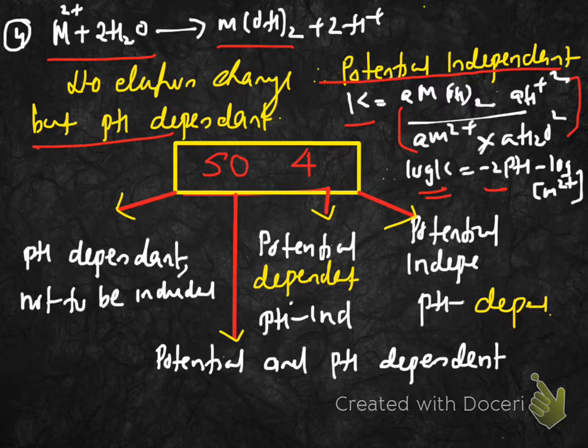So 4 kinds of reactions we have completed, which are pH dependent, that is H2O plus CO2 gives H2CO3, but no need to include in the Pourbaix diagram. Second one is potential and pH dependent.